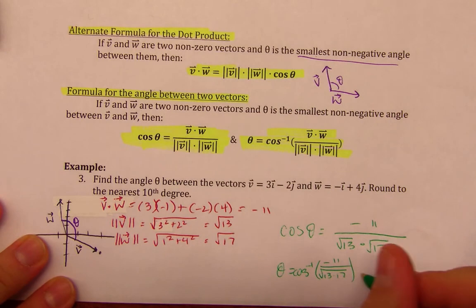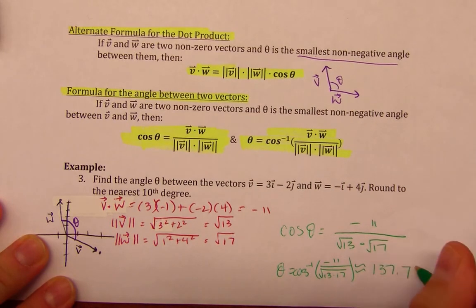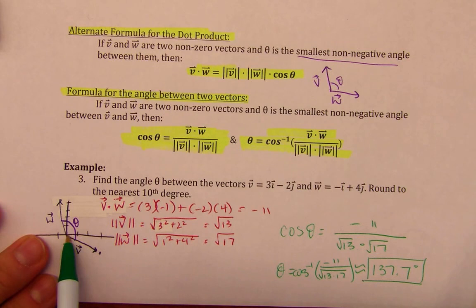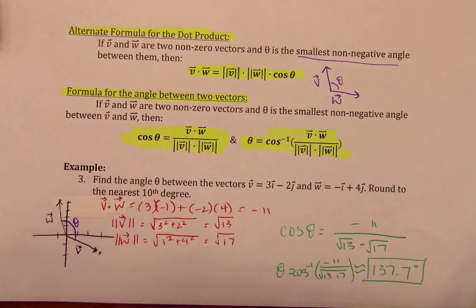And when we plug that into our calculators, we get about 137.7 degrees. Now, that makes sense because obviously it's more than 90 because it's past it here and past it here. So it makes sense that we would have something greater than 90. And that's a lot of times where the picture becomes helpful, is we want to make sure that the answer we get makes sense with the picture that we have.